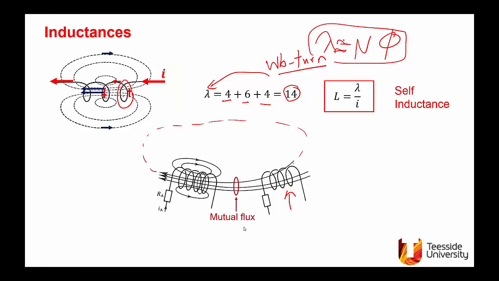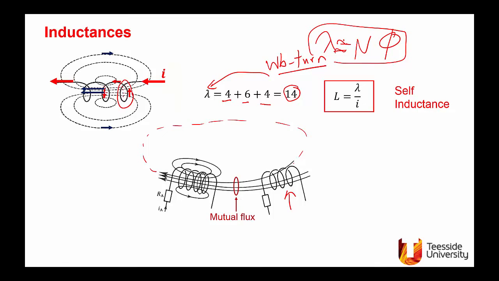If our aim was to introduce good magnetic coupling between the two coils, then our aim would have been to increase the mutual flux, make the coupling of the coils very, very large.